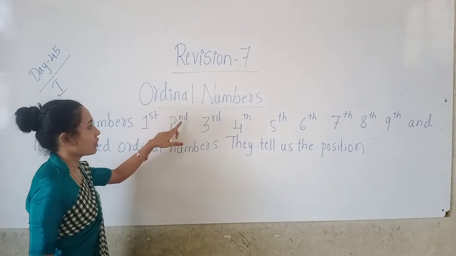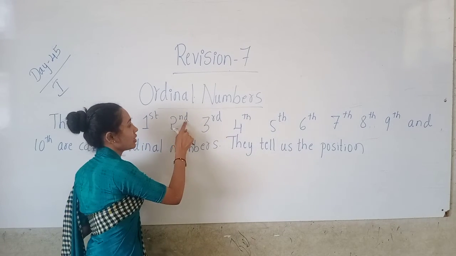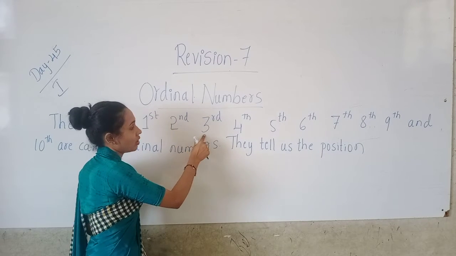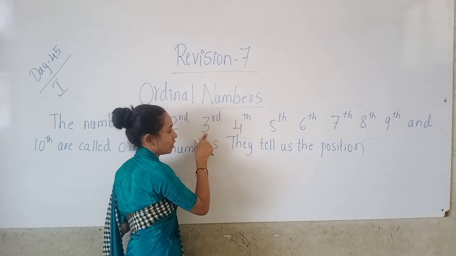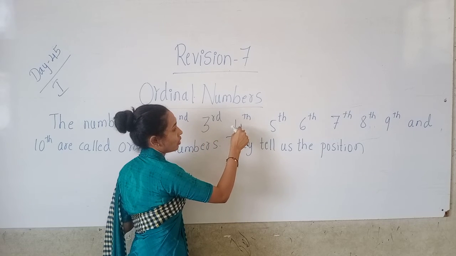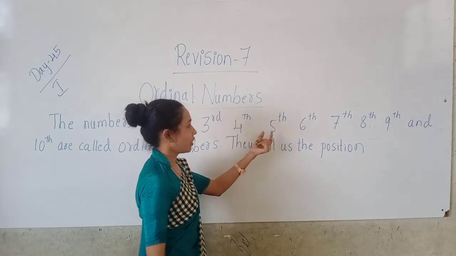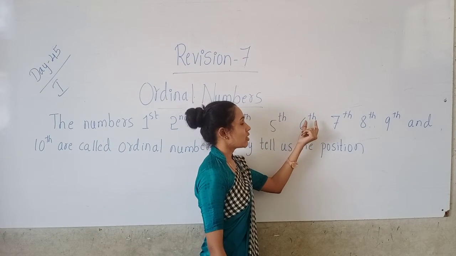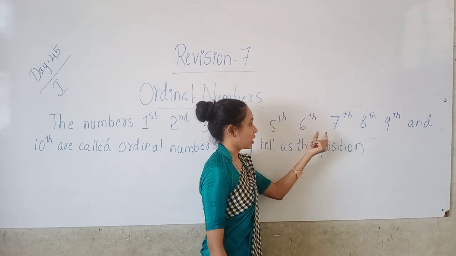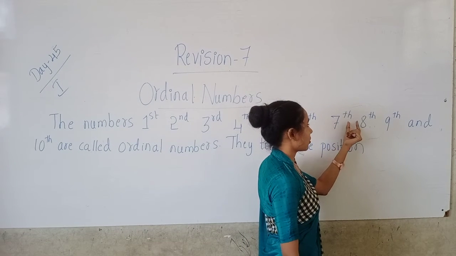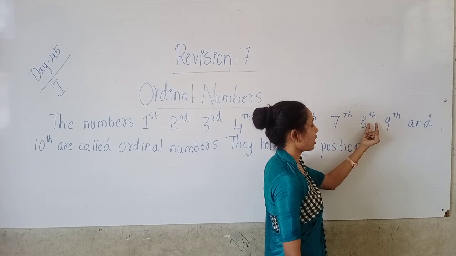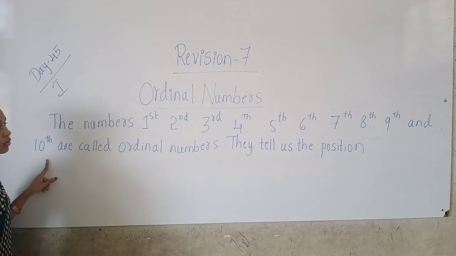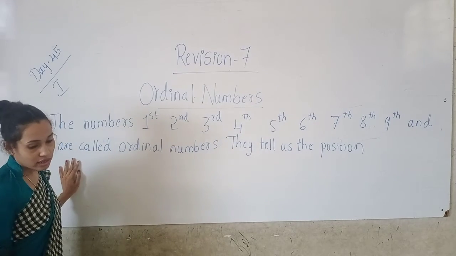For second, we should write ND. 2 with ND, then it is second. Third, for third we should write RD upside. For fourth we should write 4 with TH upside. For fifth, 5 with TH. For sixth, TH upside. For 7, TH upside. For 8, TH upside. 9th and 10th. Okay children, these are known as ordinal numbers. They tell us the position.